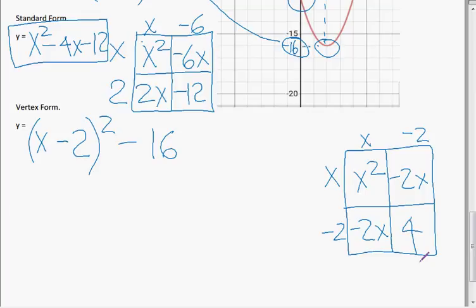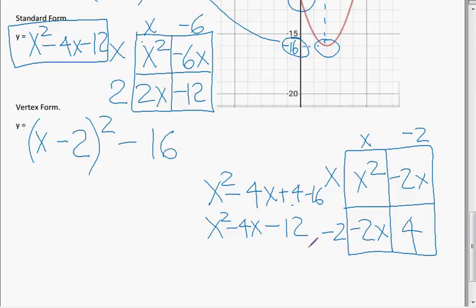So when I do my equation, x squared minus 4x plus 4 minus 16. And I combine the 4 and the minus 16 to get minus 12, which is what I came up with. So I know that I have the right vertex form. Thank you very much.